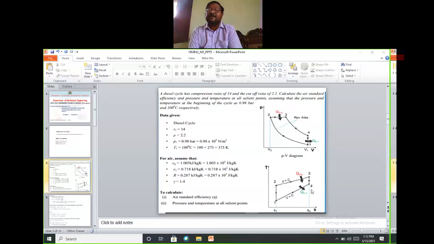And state 4 also has all the properties, pressure, volume and temperature, P4, V4 and T4. These are called salient points. Means you must find the pressure and temperature P1, T1, P2, T2, P3, T3, and T4, P4 at the end of this problem. He has asked only this.